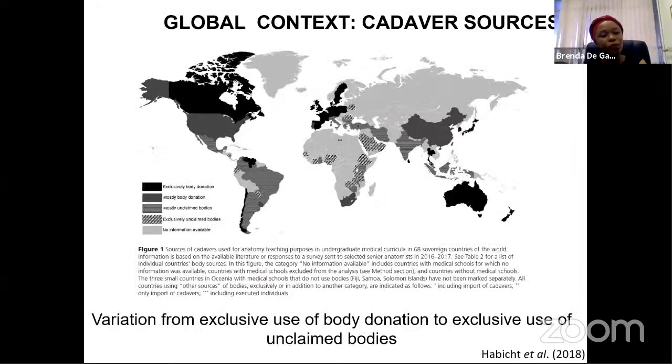I don't want to go into too much detail with the next slides, but I just wanted to show you the picture globally of how it looks as far as body donation. We have variation from exclusive use of body donation to exclusive use of unclaimed bodies, which is something that as anatomists we're not so happy about, and we're hoping and definitely will change in the near future.